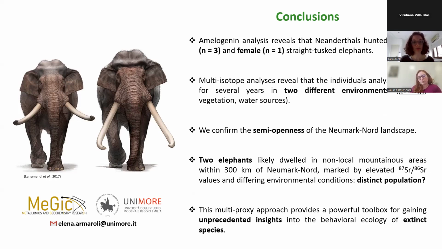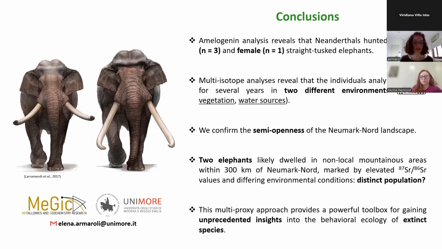And through multi-isotope analysis, we were able to find evidence that there were probably two distinct populations at Neumark, as we saw from distinct isotope values, both in terms of strontium and carbon and oxygen, meaning that they roamed in distinct environments in terms of geology, vegetation, and water sources.